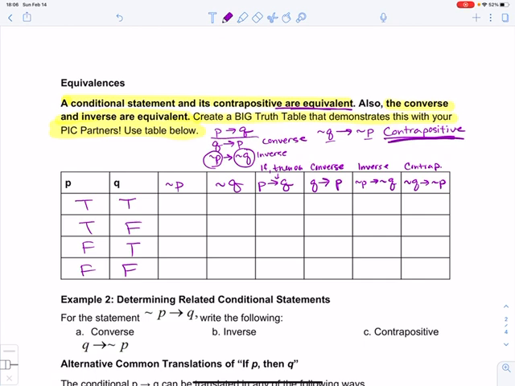And then I'm going to say, okay, I know this is false, false over here. This is false, true. This is true, false. This is true, true. Because remember, negation takes it from true to false and then false to true.